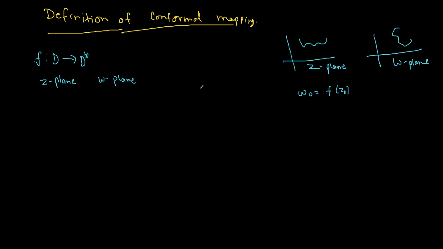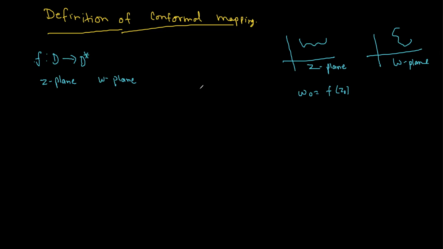Mapping converts, or you can say transforms, the points from the Z plane to a new plane called the W plane. This function is defined in a region D of the Z plane.